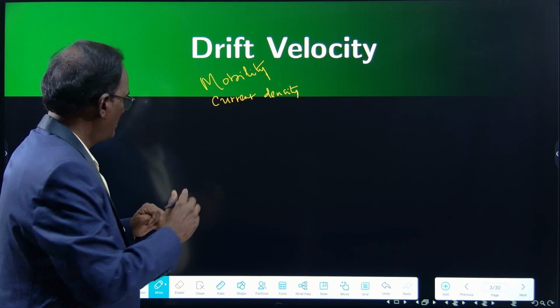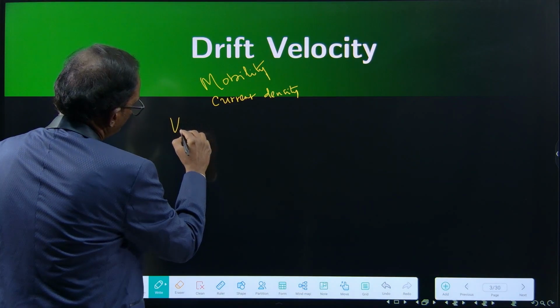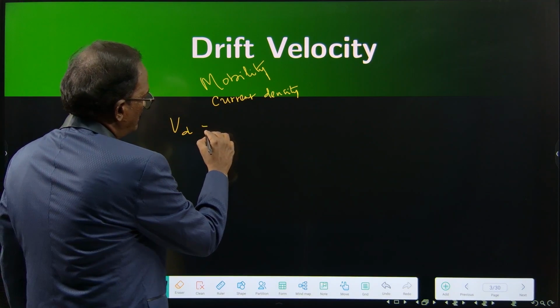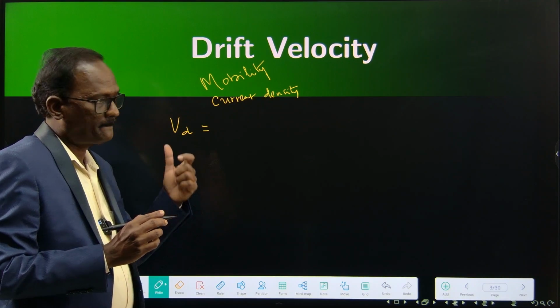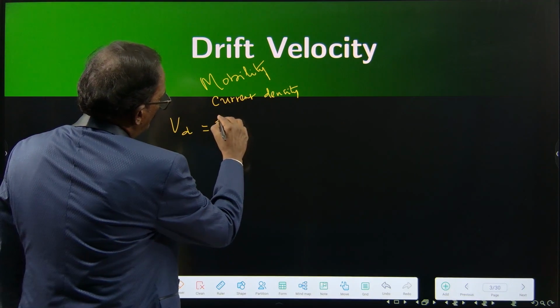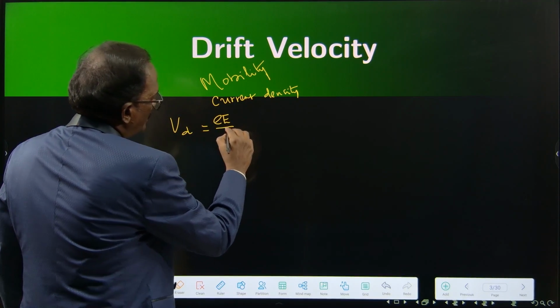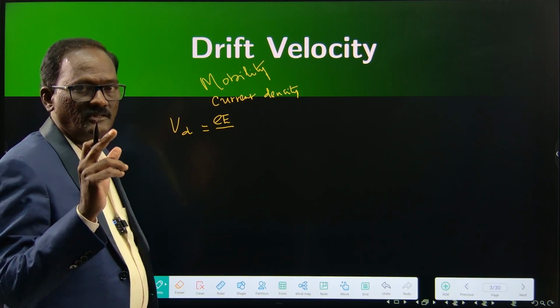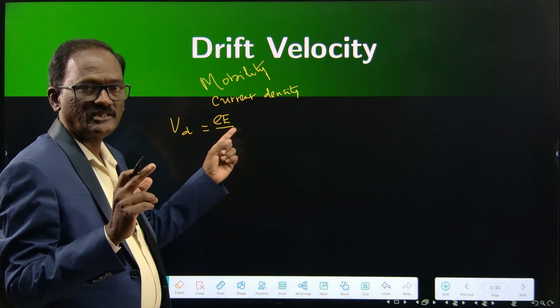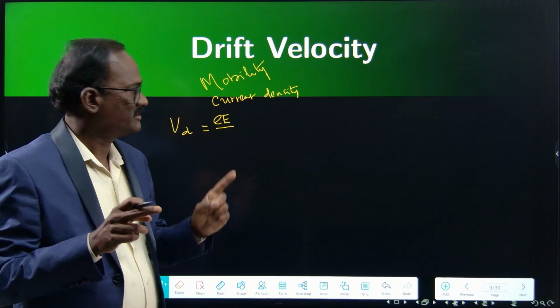Drift velocity, we wrote it using the letter Vd. Any velocity is acceleration into time, acceleration is force by mass, force is Coulomb force. I have already told in that video lecture, whenever you see these two E's together, you must recall force.